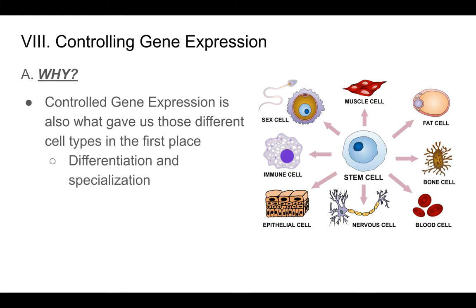So you've seen these words before, differentiation and specialization, back in our cells unit. We have talked about how differentiation is really a process of changing your shape or your structure so that you can specialize in a particular task or function.